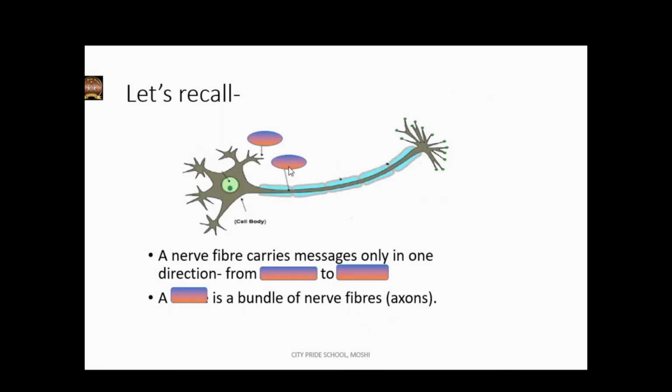Can you recall the structure of the neuron? The smaller extensions around the cell body are called dendrites. The elongated extension is called the axon. A nerve fiber carries messages only in one direction, from dendrites to the axon. What is a bundle of nerve fibers or axons called? A nerve.